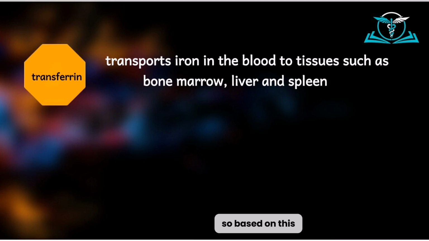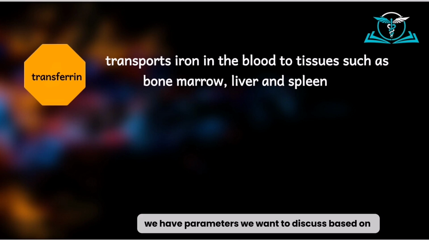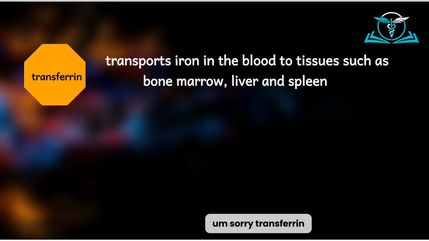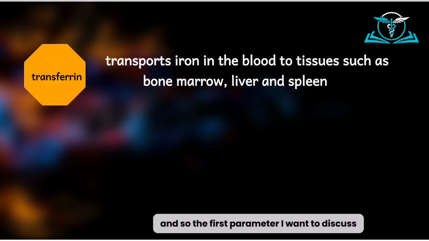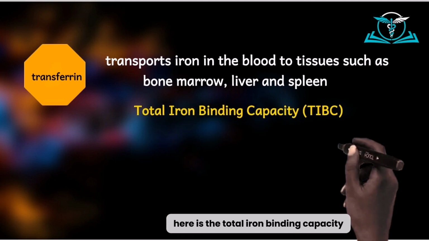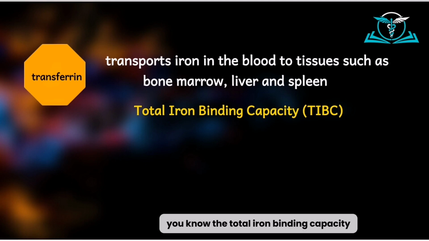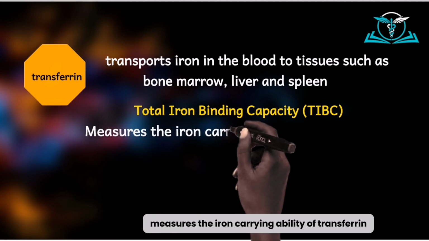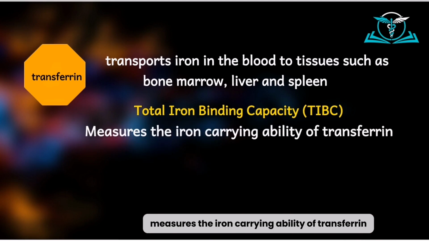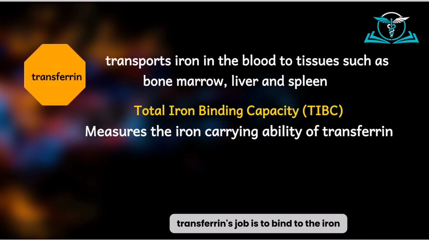So based on this, we have parameters we want to discuss based on transferrin. The first parameter I want to discuss here is the total iron binding capacity, abbreviated as TIBC. The total iron binding capacity measures the iron carrying ability of transferrin, because we know transferrin's job is to bind to the iron which has been released into circulation.